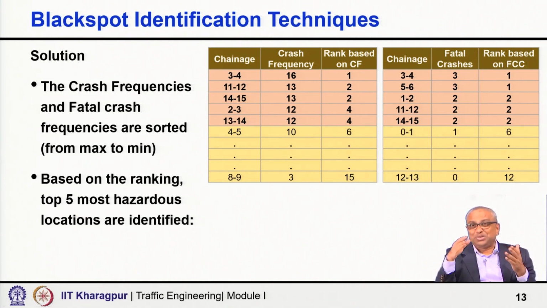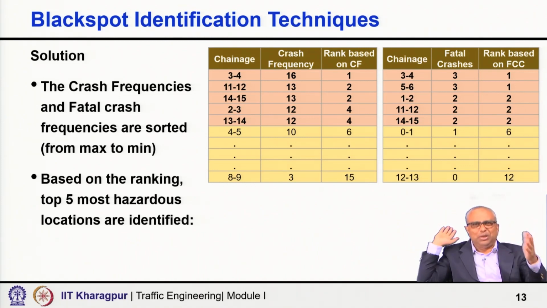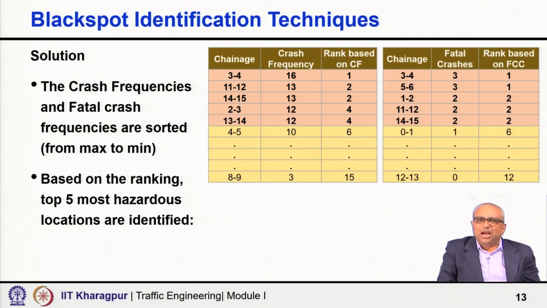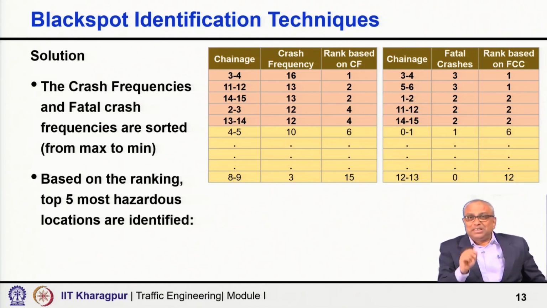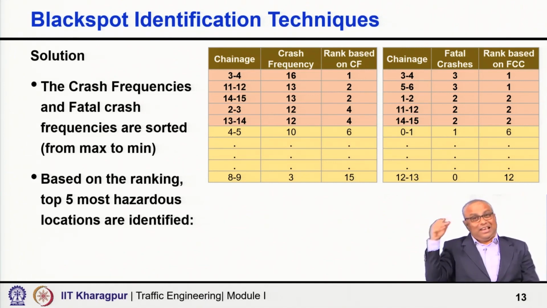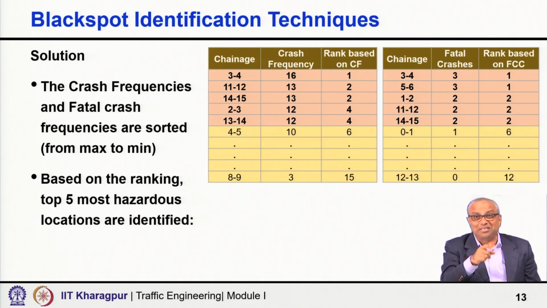So, sometimes we use different methods and check whether a particular chainage keeps appearing within the first 5 or first 10, depending on how many segments you have. If some chainages are appearing everywhere, that indicates that it is not once, but it is coming again and again.